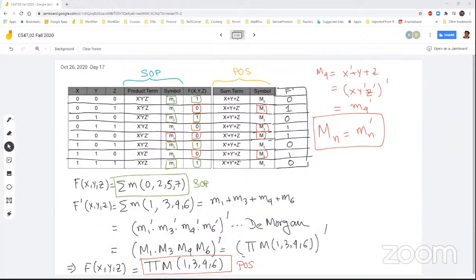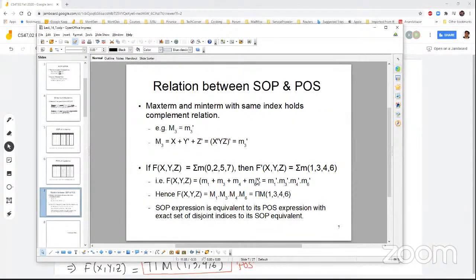Okay. So this is what is being discussed in this slide: if we are expressing something in a POS, there is a corresponding SOP, right? So they're nothing different.